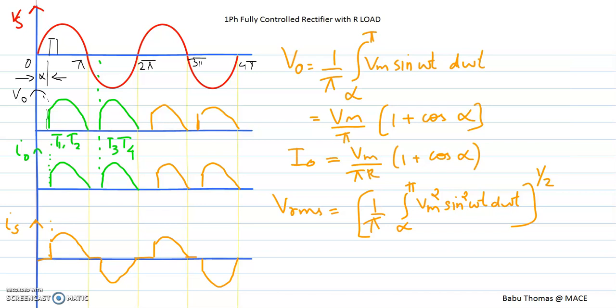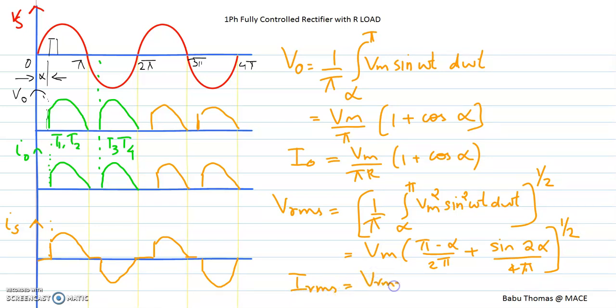Again you can solve the same equation and you will get it as Vm into pi minus alpha divided by 2 pi plus sin 2 alpha divided by 4 pi, all raised to 1 by 2. Also Irms is nothing but Vrms divided by R.